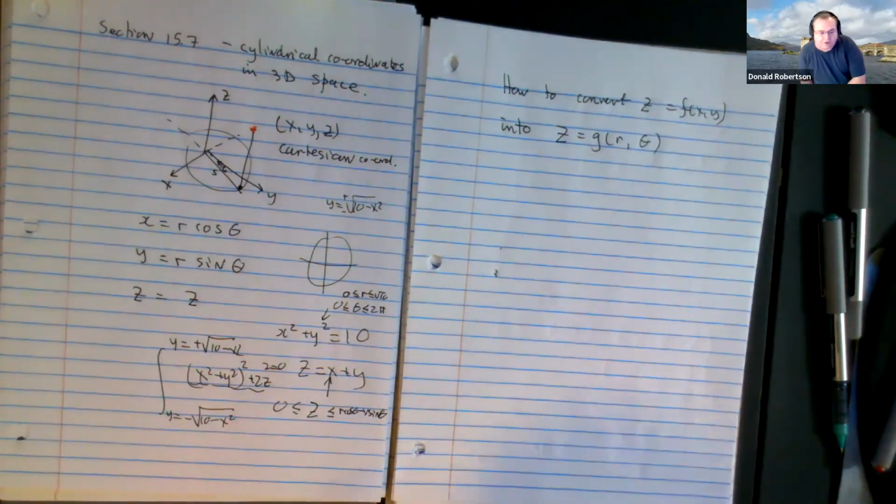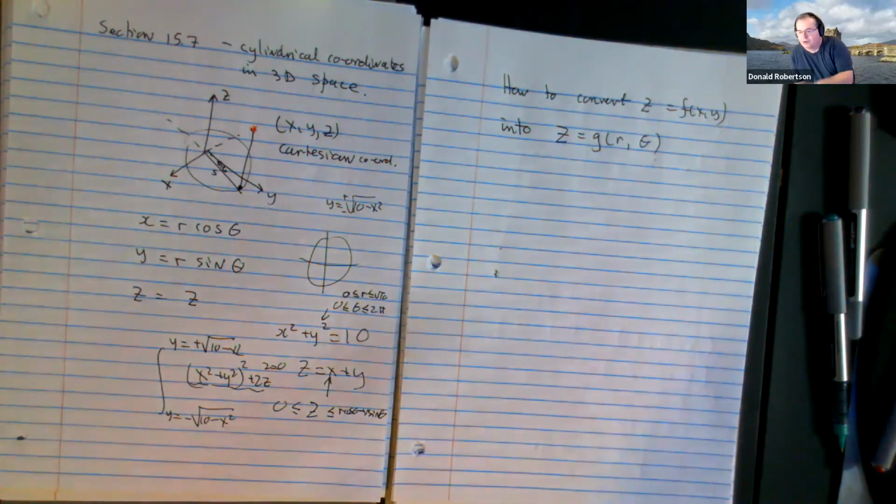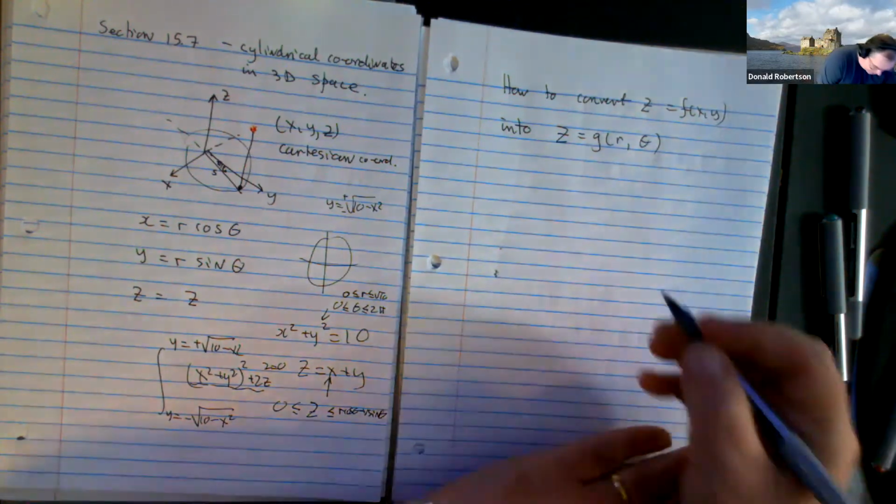Because very often what you're going to do here is you're going to get a surface and you're going to take the z formula, right? You know how it's like x squared plus y squared plus z squared is 10, and you want to convert it into r's and thetas.